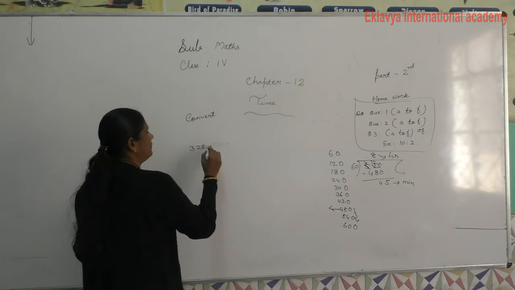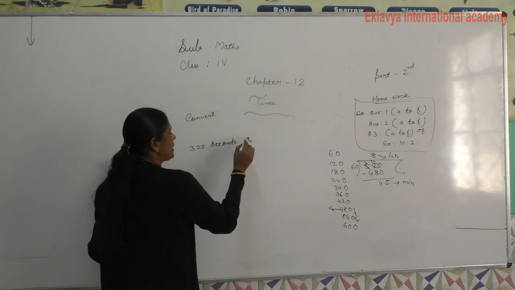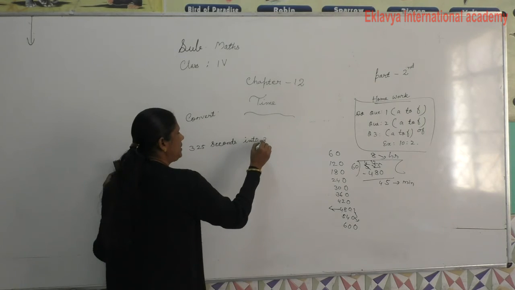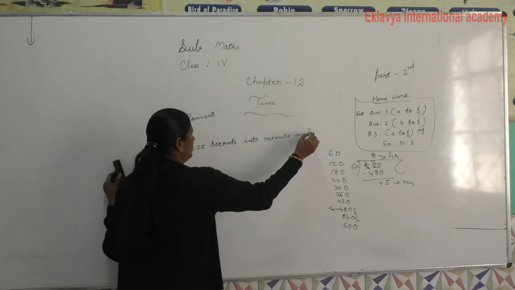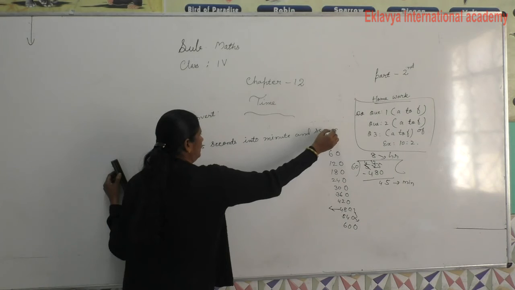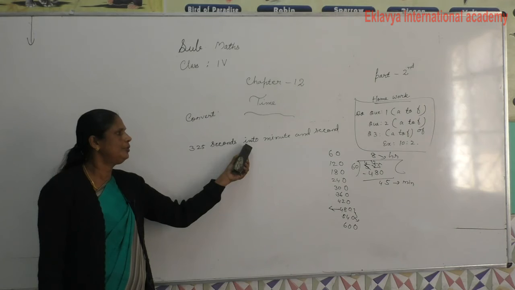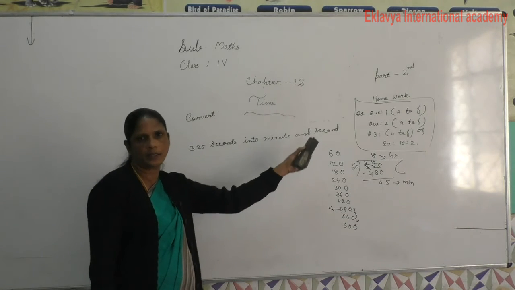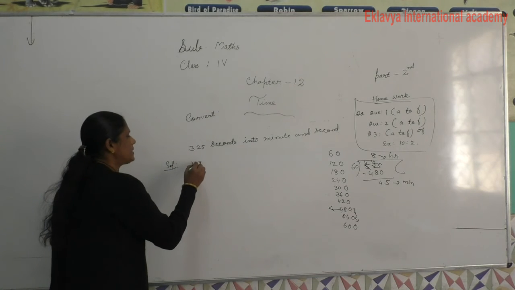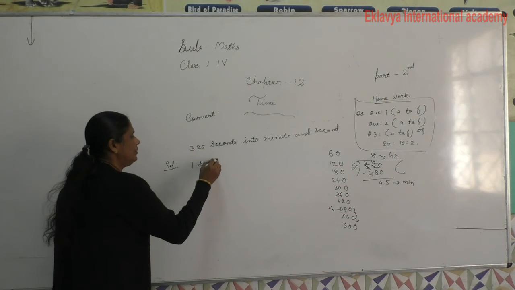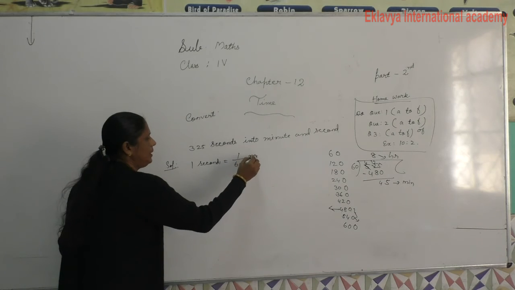325 seconds into minutes and seconds. Then you write the solution: 1 second is equal to 1/60 minute.